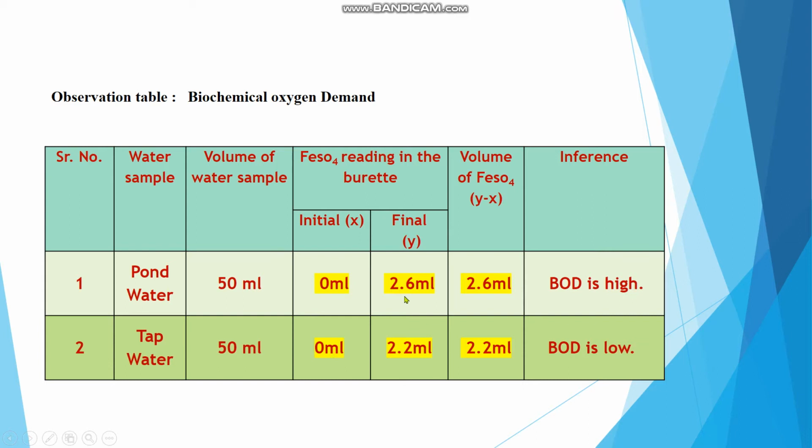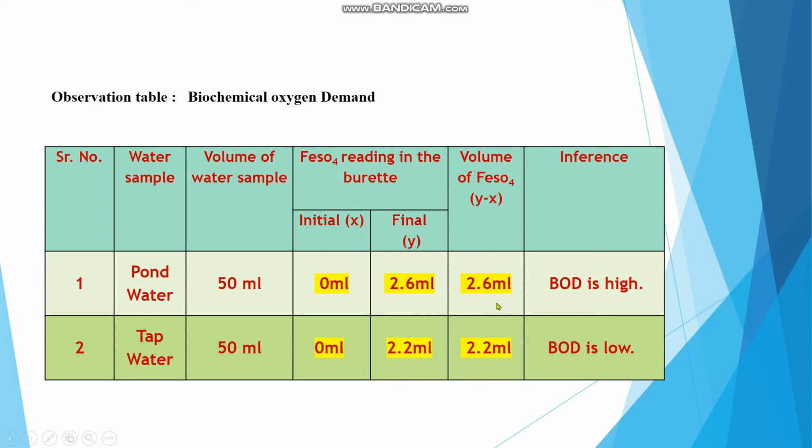After titrating the pond water, I got the final volume of FeSO4 used as 2.6 ml, whereas in the case of tap water, I got 2.2 ml. So the volume of ferrous sulfate solution is the final reading minus the initial, that is 2.6 minus 0 gives you 2.6 ml, and 2.2 minus 0 gives you 2.2 ml.